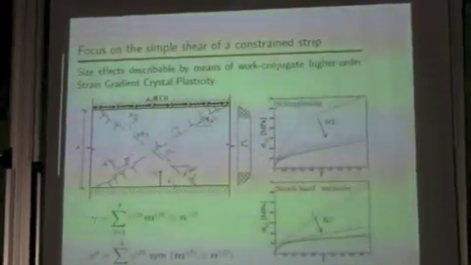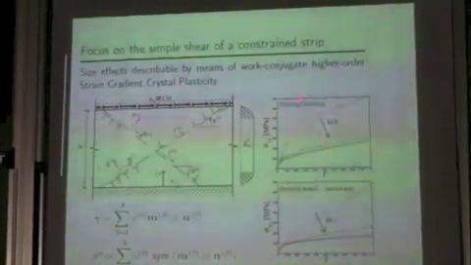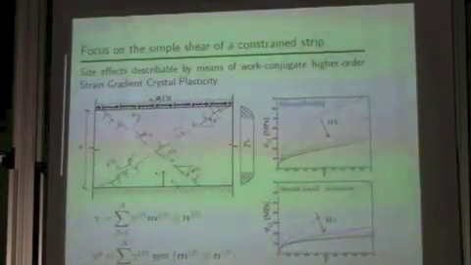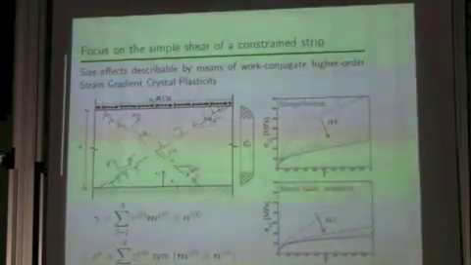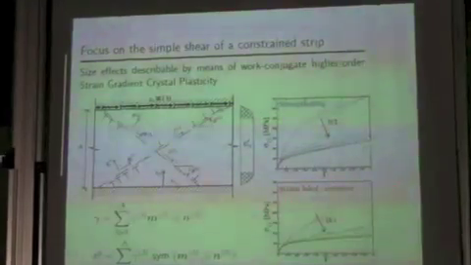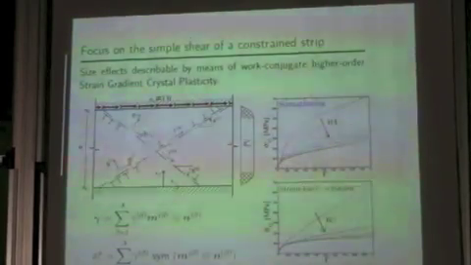And with gradient plasticity, usually we can qualitatively model two size effects. One is strengthening, so you decrease the size of the sample and you recognize a higher yield stress, which is this one. And the other different size effect consists of just a change in the strain hardening slope.